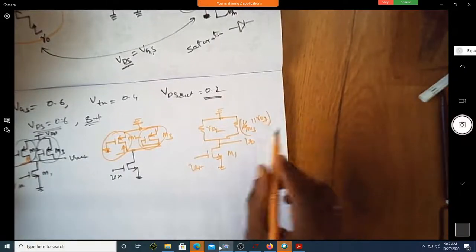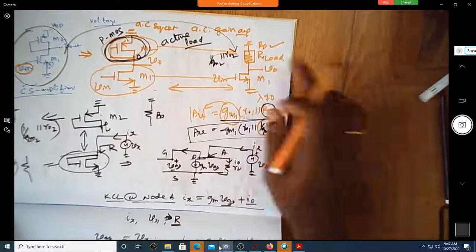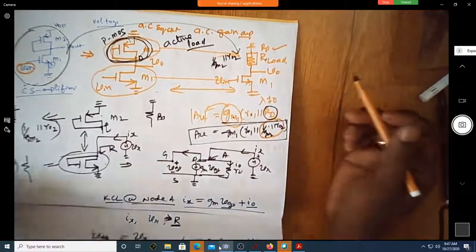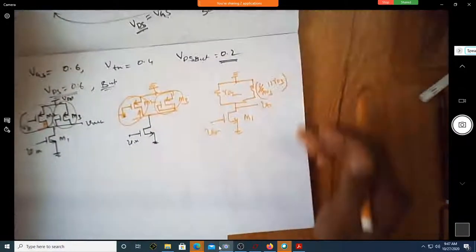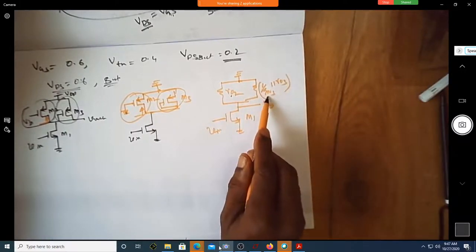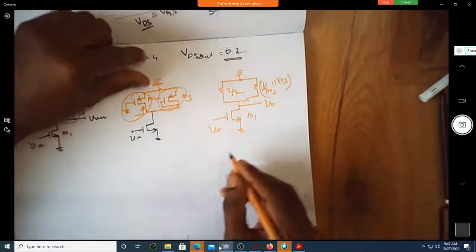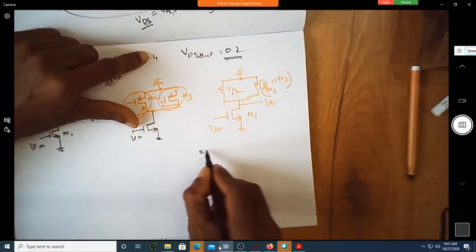Has it not reduced to something like this form? What is the resistance now? It is r02 in parallel with 1 over gm3 in parallel with r03. So shall I now write what is the gain?